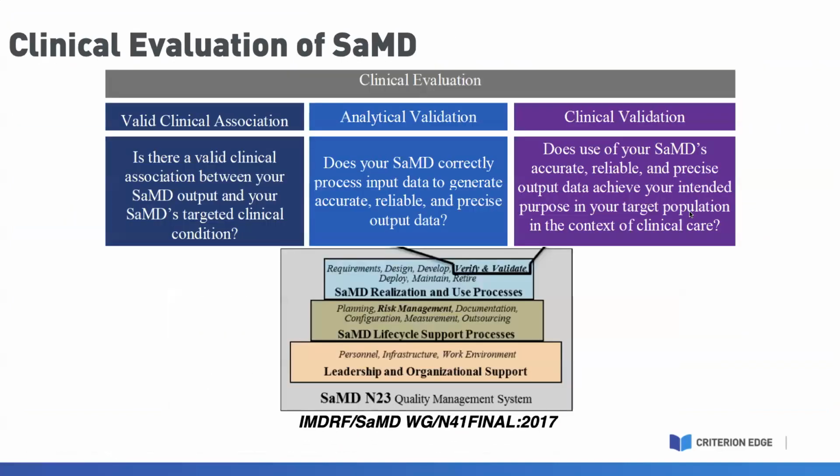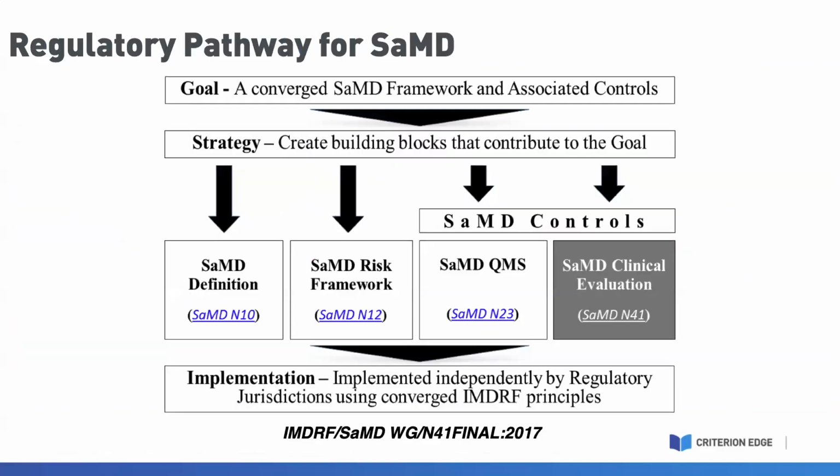Okay, next slide. Here we're going to talk about the regulatory pathway for software. The IMDRF has come straight out and acknowledged that software is a critical aspect of healthcare. And there are a series of documents that they've provided that help us with some of the basic definitions, characterization, and the application of some of these quality system principles that are based around software.